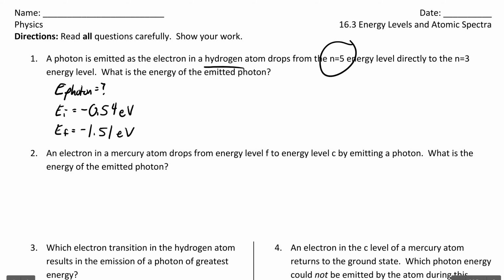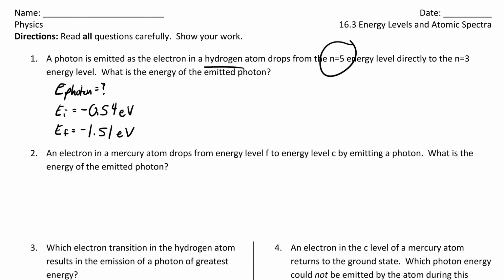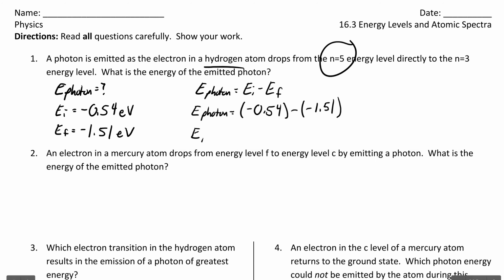And we use this equation, making sure that we do initial minus final. Substitute in, and the photon has an energy of 0.97 electron volts. Okay, it's being emitted, right? So we got a positive number for that.